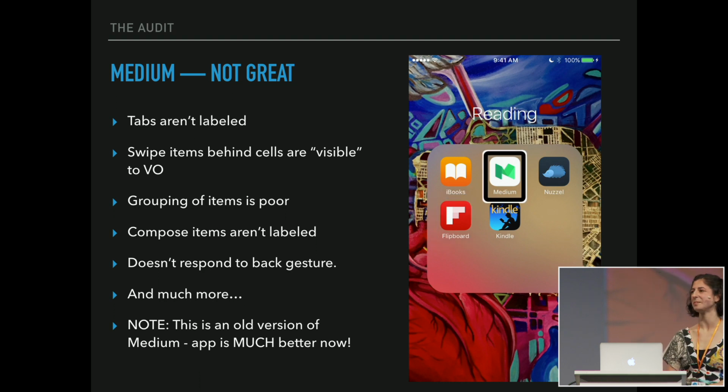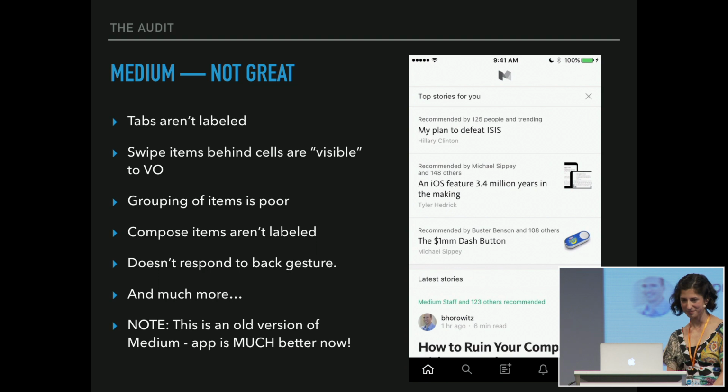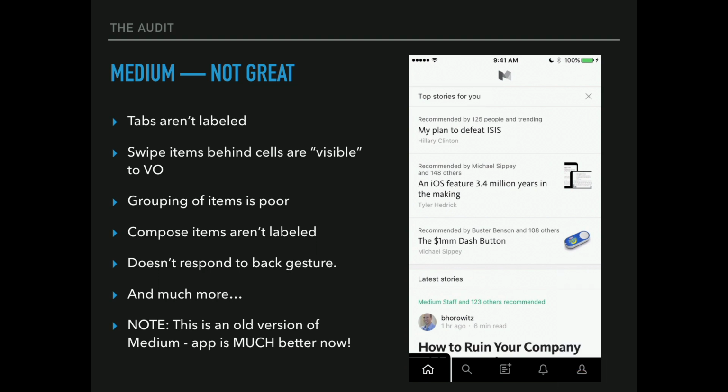Medium. Double tap to open. Selected. Tab. 1 of 5. Tab. 2 of 5. Read top stories for you. Small X. Button. Read later. Button. Dismiss. Button. Recommended by one. My plan to defiltering ISIS. Hillary Clinton.